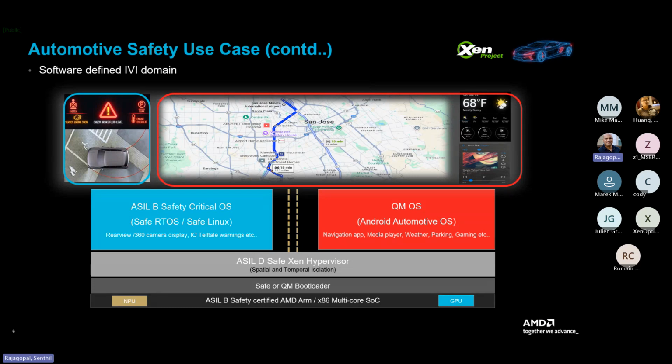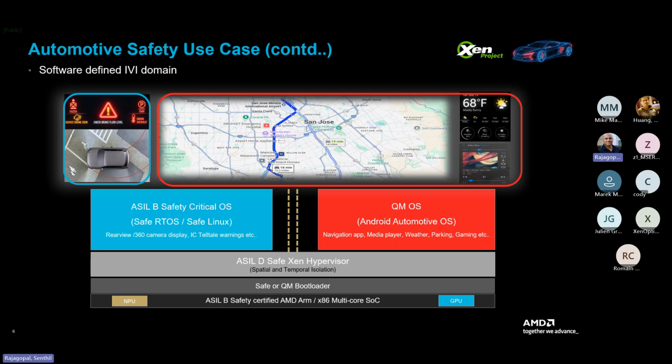So this is a typical use case scenario. You have a multi-core SoC and a hypervisor, and then you consolidate an Android Automotive OS, which has non-safety-critical applications, and the same architecture also has safety-critical applications, which display all the critical telltales as well as rear view camera displays.